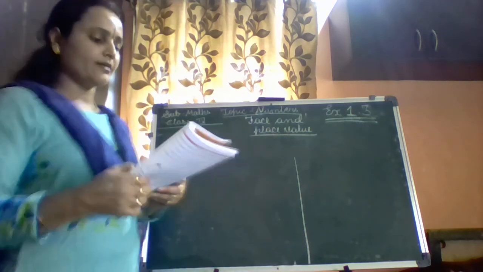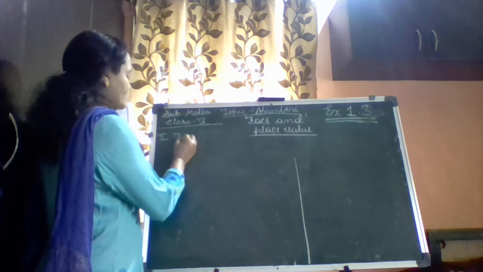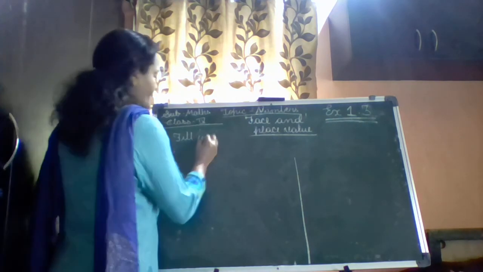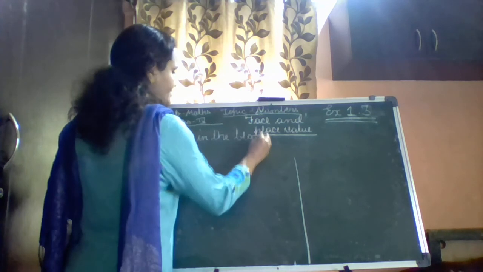Okay. We'll do the sum. The second one, fill in the blanks. They're given certain options. You have to write the correct option.